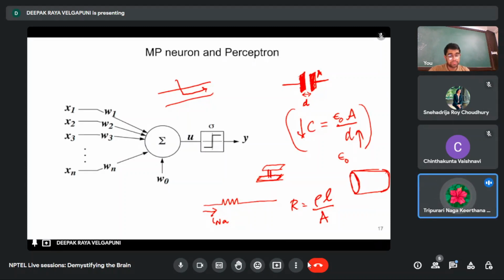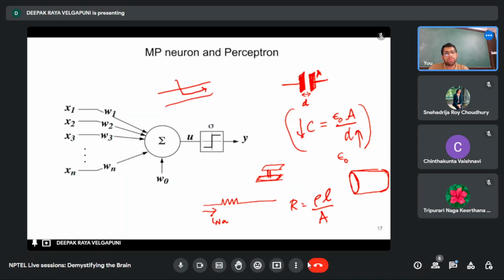Sir, for example, if the area of the bilayer increased, and the capacitance has increased, then it means the ability to store charge increased. That means the voltage across the membrane has increased. Is that the meaning? Yeah, the amount of charge stored will increase.